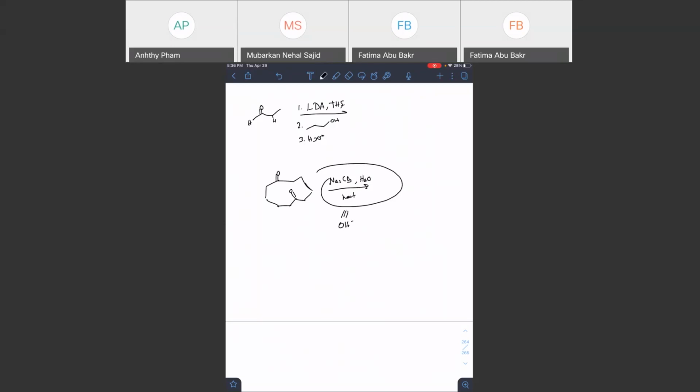And so what a base would do is it would take away one of the alpha hydrogens, and then that would attack the carbonyl of another one. So I don't really know. There's lots of different alpha hydrogens you could use, but I think they would all pretty much produce the same thing. So let's just take, he took this one, turned this into the one that's a negative charge, and that'll just attack that carbonyl. That carbonyl will be forced into an OH, right?